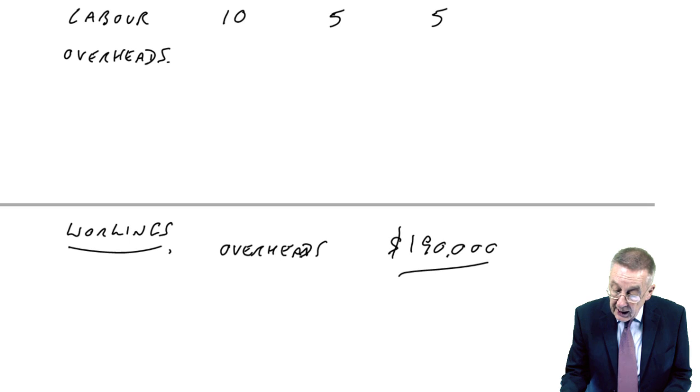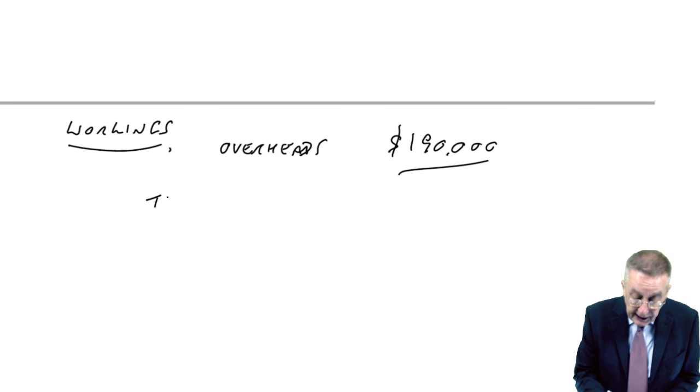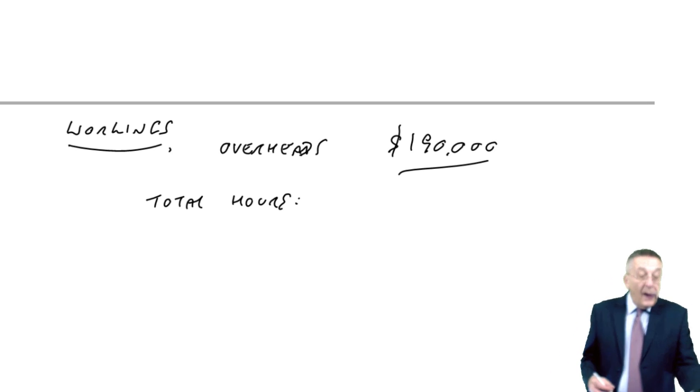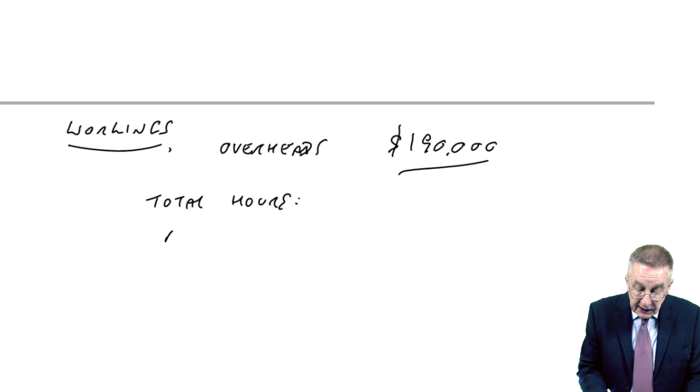If I want to know a cost per hour, we need to know the total hours we're going to work. And how many hours are we going to work? Well, we're making 3 products. So product A, we're making 20,000 units. Each one takes 2 hours.